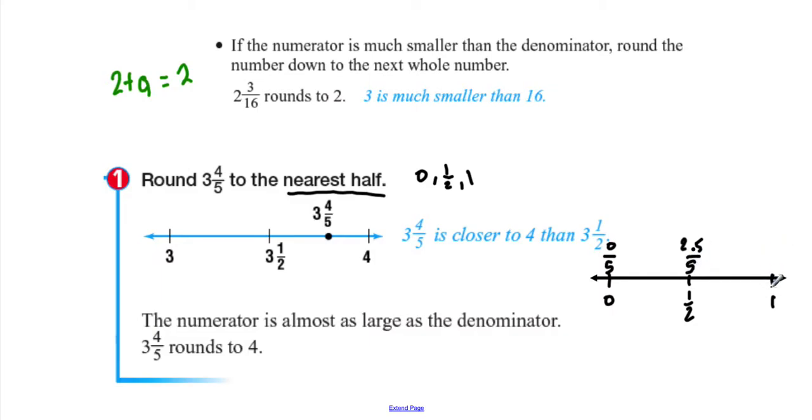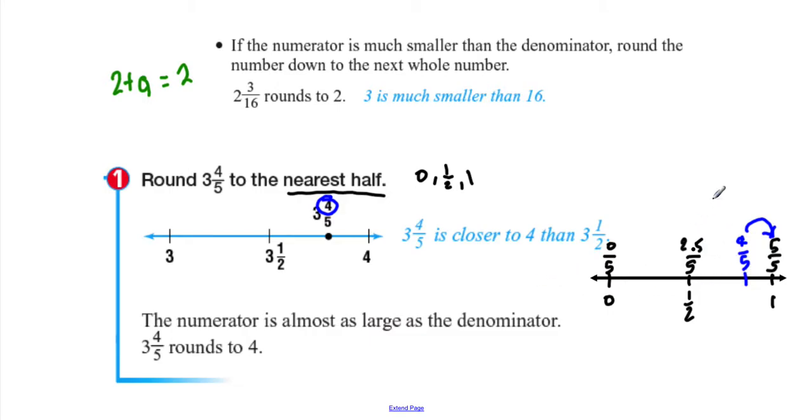And finally, an equivalent fraction of 1 with a denominator of 5 would be 5 over 5. And you simply look at your numerator, which is in this case 4. We want to find out where 4 is located, and we know that 4/5 is closer to 5 over 5 than it is to 2.5.